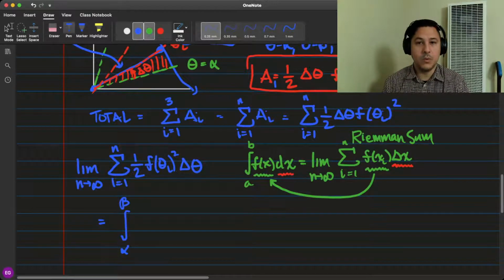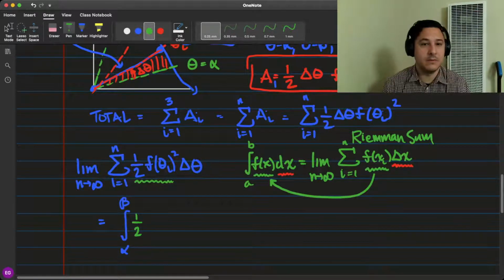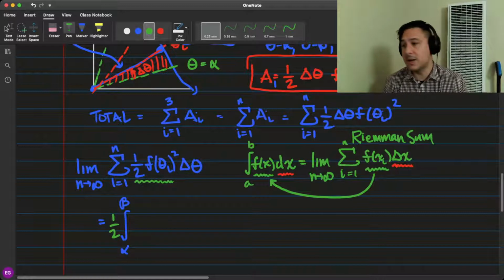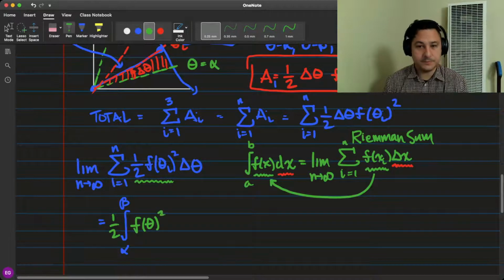The 1/2 f of theta_i squared is just going to be rewritten in here as 1/2. And let's put the 1/2 out in front because we can move that. You remember how you can always factor out constants? So we're going to get 1/2 f of theta quantity squared.